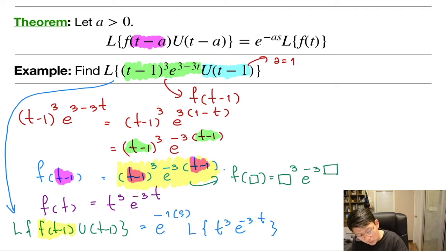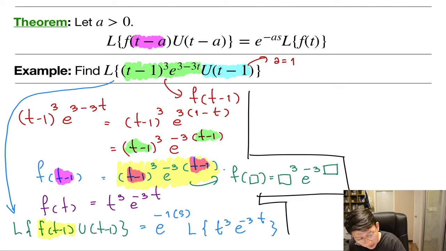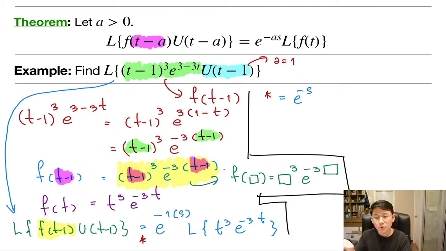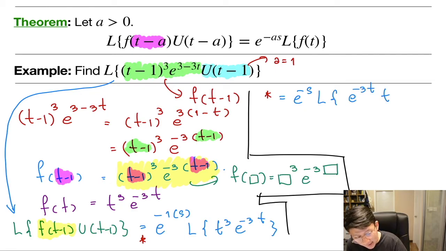And that would be, okay, I'll continue writing it here. That would be e to the minus s. Guys, how to do the Laplace transform of that? The Laplace transform of e to the minus 3t times t cubed, and then we apply the first technique, right?